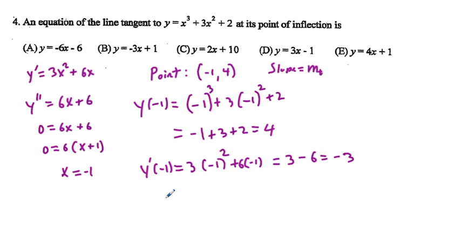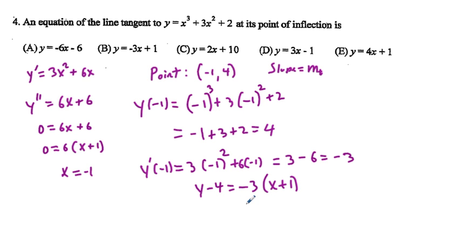And so our equation of a tangent line is going to be y minus y sub 1, which is going to be minus 4, equals our slope, which is negative 3, and we're going to have x minus x sub 1, which is going to be minus negative 1, x plus 1. And all these functions are in y equals.